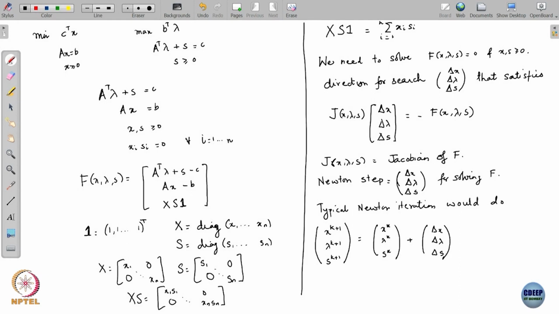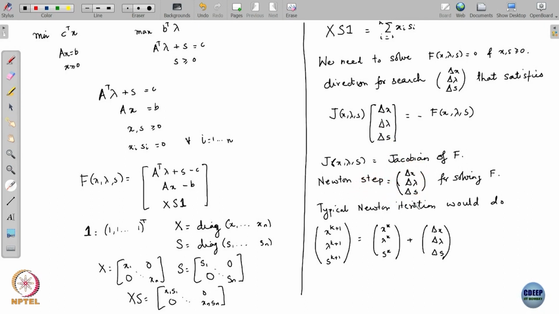This would be the typical Newton iteration: you start with the point where you are, compute the direction, and you add that direction to the point where you are to get your new iteration. So, what this would amount to is taking a full step along the Newton direction.